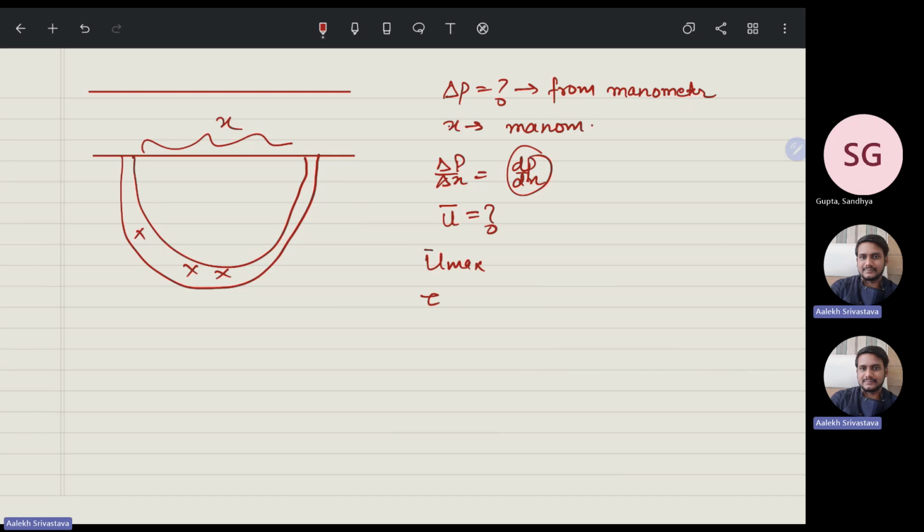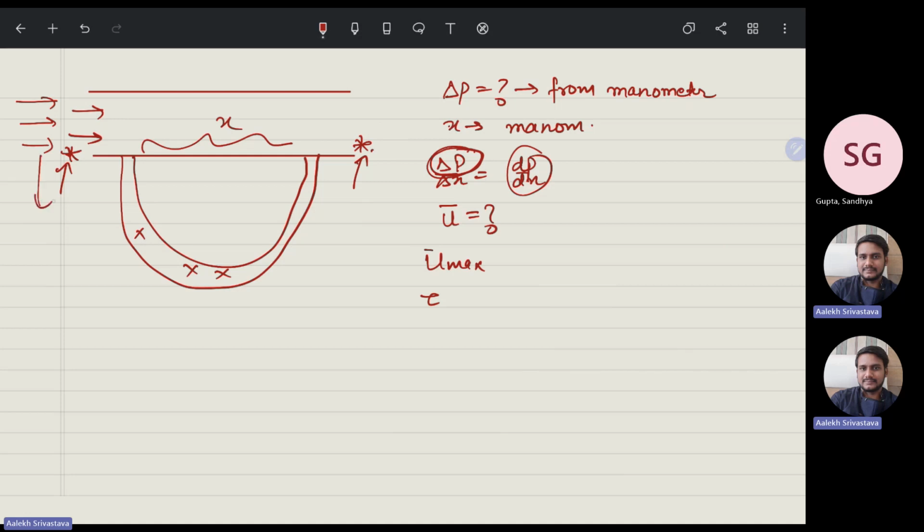One thing, why do we need this pressure gradient? What is the importance of this pressure gradient? Suppose I need to drive this flow. How will I produce this pressure gradient, that there we have a higher pressure, there we have a lower pressure? So what you will do is you will connect a pump in between. So suppose I drive the flow using a pump.